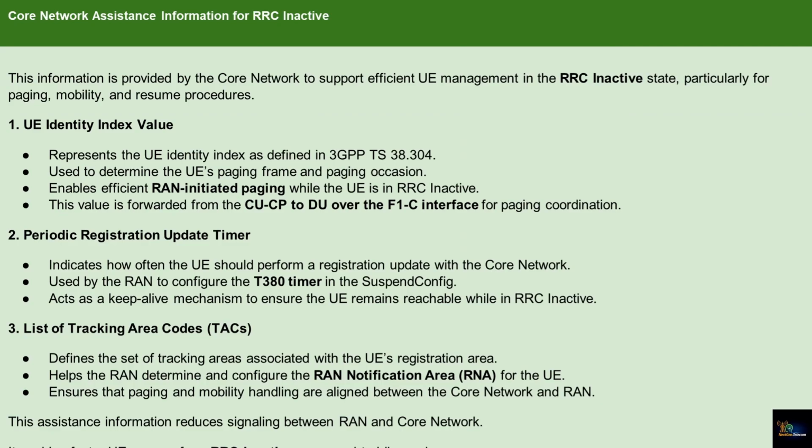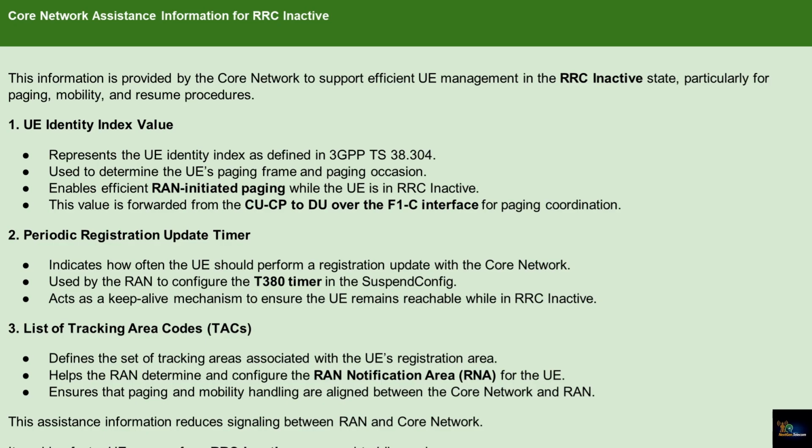Next, core network assistance information for RRC inactive. This information is provided by the core network to support efficient UE management in RRC inactive state, particularly for paging, mobility, and resume procedures.